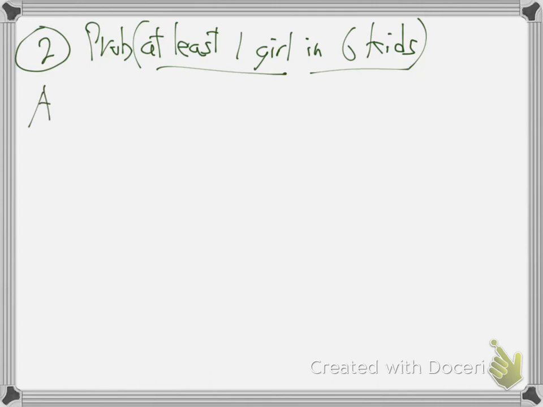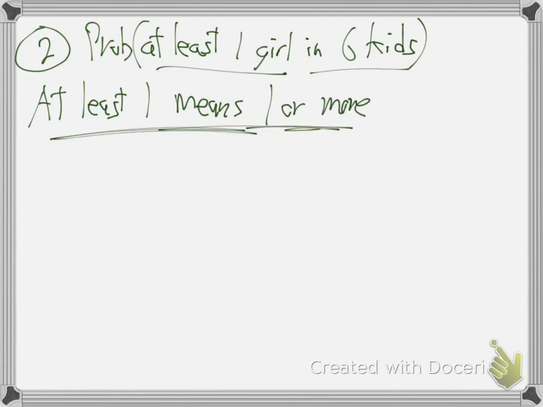So at least one means one or more, doesn't it? We good with that? They'll be using at least numbers a lot in these next 5, 6 problems. So at least one means at the lowest there's one, there may be more. That's what that phrase means.